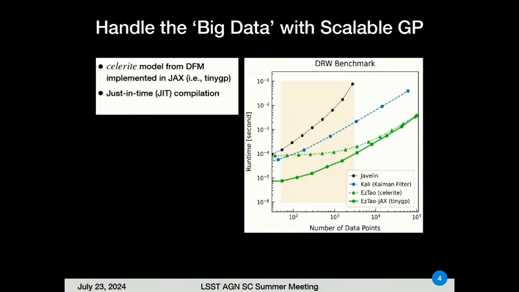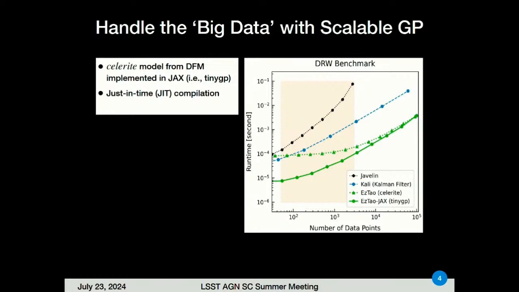So the red plot is the comparison of the time it takes to evaluate a single DRW likelihood using different software that's available right now in astronomy. The x-axis is the number of data points, the y-axis is the time it takes to do a single evaluation of the likelihood. The black one is Javelin, which everybody is aware of.